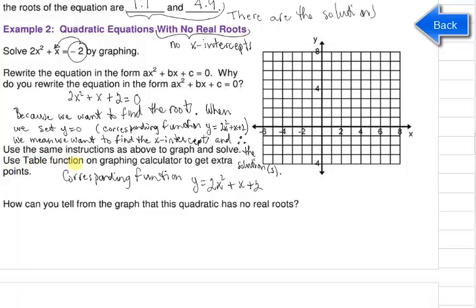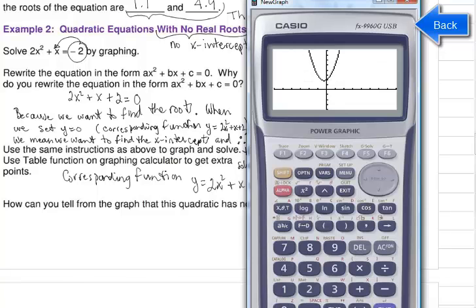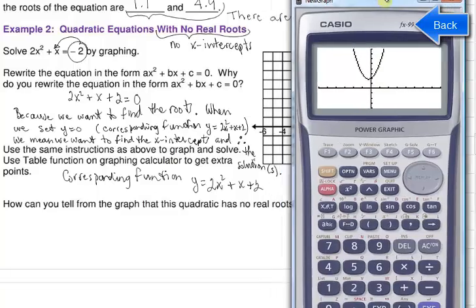You can use the table function on your graphing calculator to get extra points, and I will explain why in a moment. So let's start by graphing. When I set up my window settings, I use the ones on the graph here: x-min at -6, x-max at 8, y-min at -4, and y-max at 8. And I got this graph.